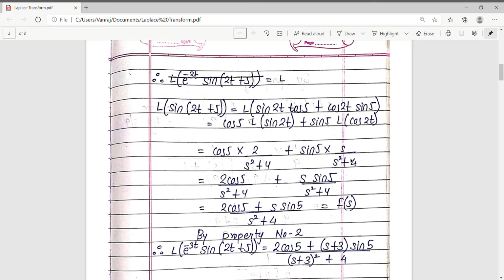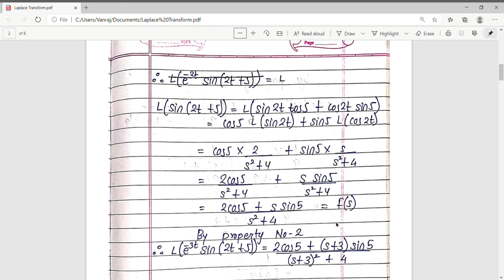So s upon s square plus 2 square, which is 4. So we have modified it by multiplying this cos 5 inside and sin 5 inside, and the denominator was common, that's why I have written the common denominator and the numerators together. So this is our f of s.